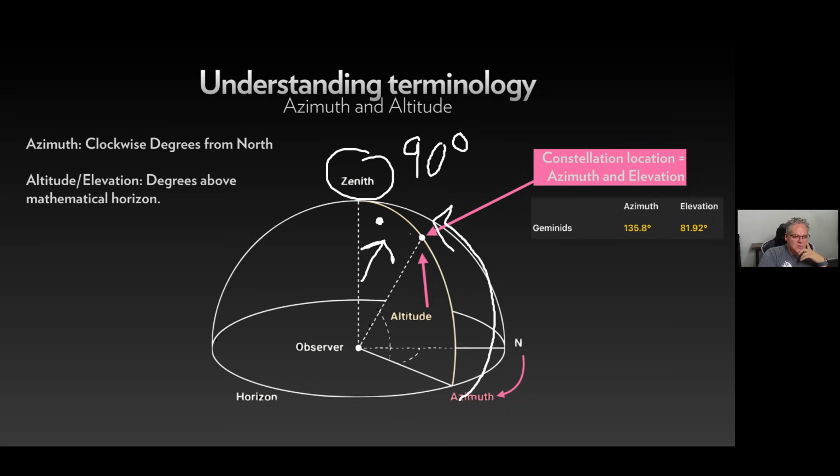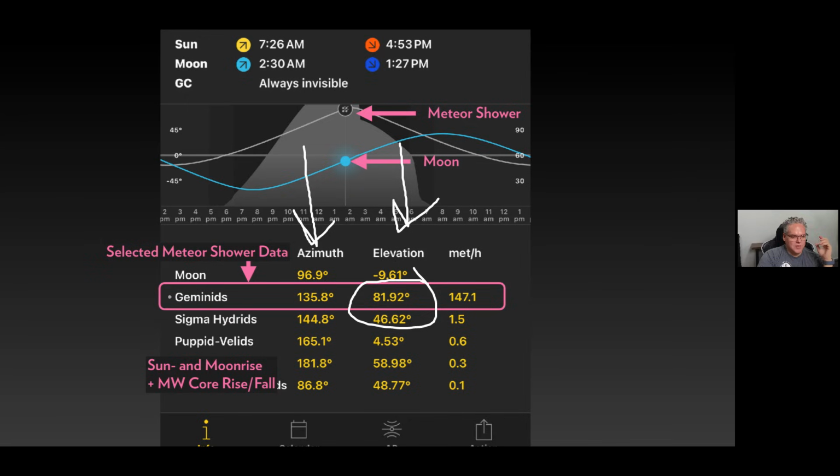It's going to be almost due south and almost at the top of the dome, straight up above your head. Now, we'll come back to that, but I just wanted to tell you what those numbers are if you weren't familiar with them. The azimuth is how many degrees from north going clockwise, and elevation is how many degrees from the true horizon up. All right.